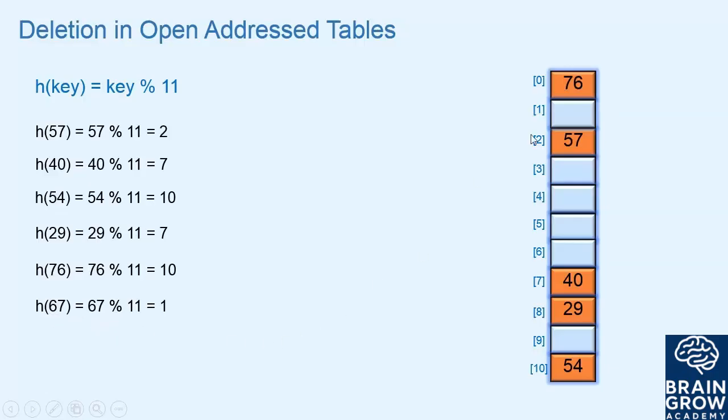Key 67 is mapped to location 1. Key 65 is mapped to location 10. Location 10 is not empty. So we look at the next location. We insert it here. Key 35 is mapped to location 2. It is not empty. So we insert it here. So insertion of records is over.